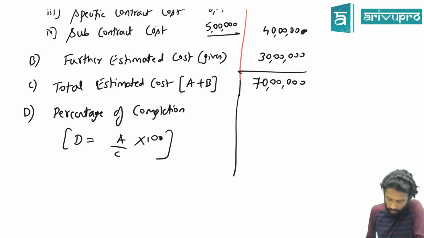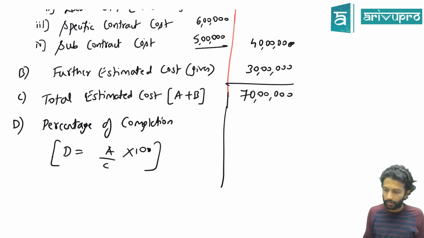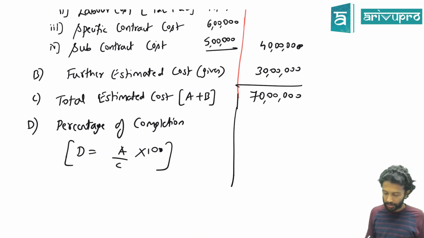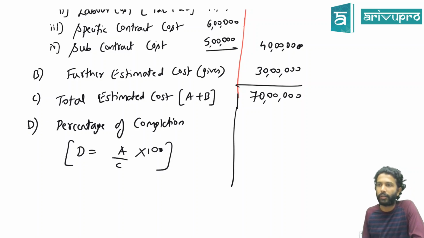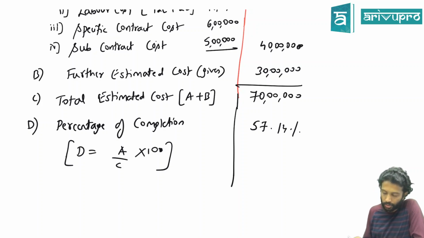So do that and tell me the percentage. 40 lakh divided by 70 lakh into 100 will turn out to be how much? If it's in decimal, give me in decimal. 40 divided by 70 into 100, 4 by 7 into 100. 57.14 percent. Okay, we'll take 2 decimals.